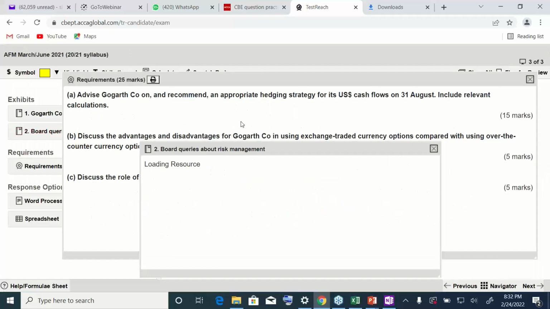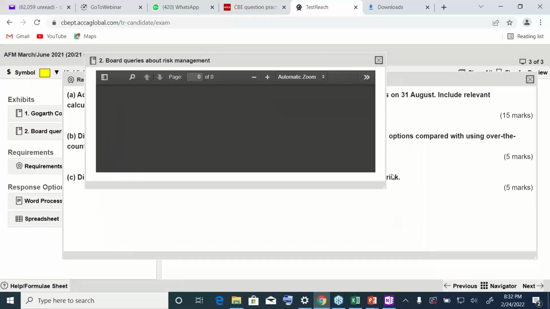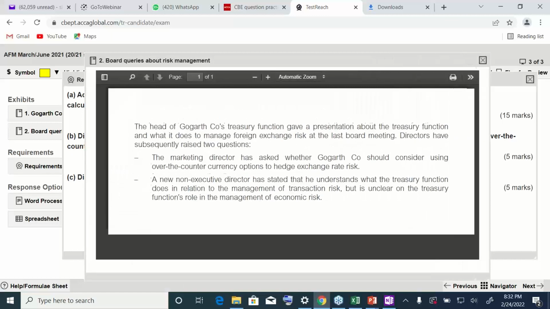Next is the second exhibit. The head of G treasury function gave a presentation about the treasury function and what it does to manage foreign exchange risk at the last board meeting. Directors have subsequently raised two questions. Number one, the marketing director has asked whether G company should consider using over-the-counter currency options to hedge exchange rate risk.